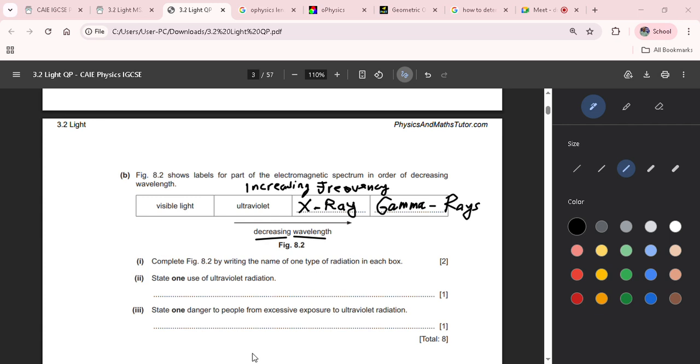Okay, any questions so far from this spectrum? No?